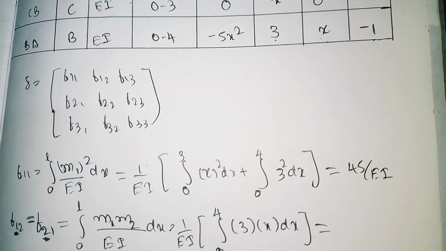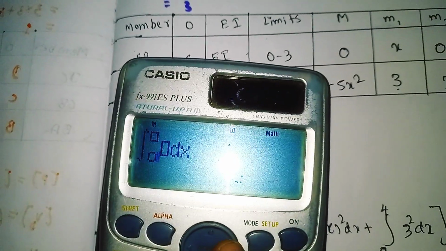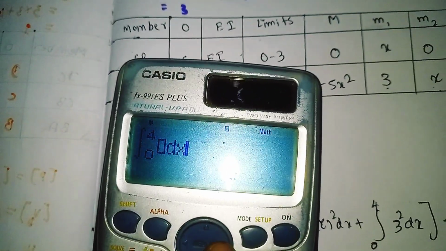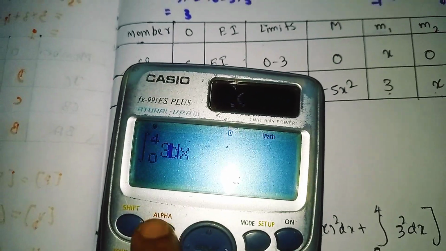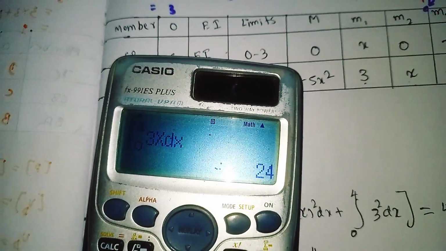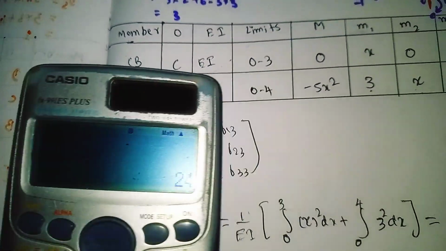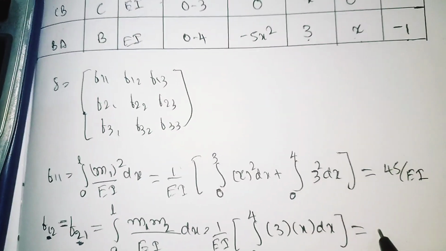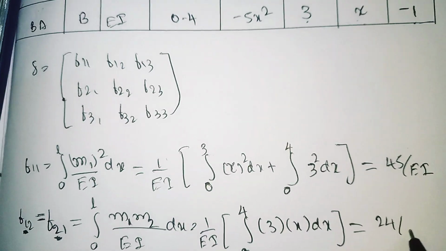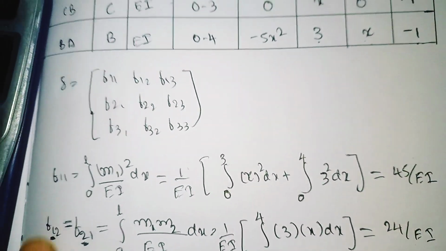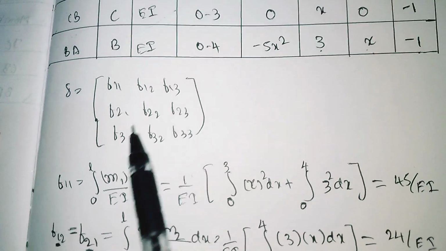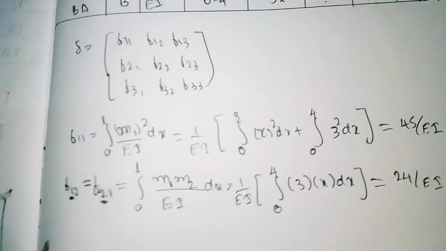So now solve it. Integration of 0 to 4 of 3x. It will come out as 24. F12 value will come out as 24 divided by EI.